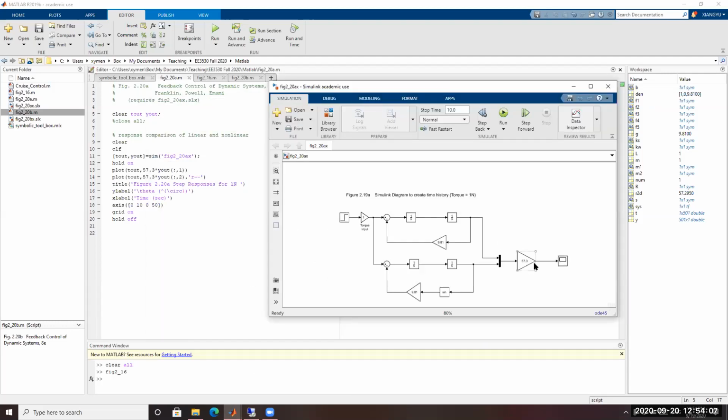Then the output is here. Then we have tout. Then again here radians to degrees. The y output has two outputs. One is for the linear model here, another one for the nonlinear model.